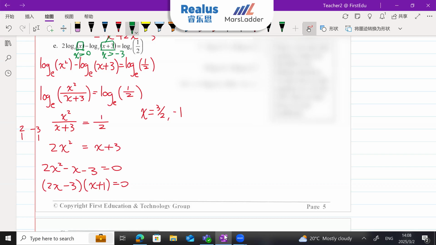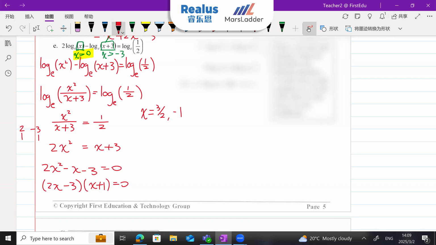Which one is more restricting? One says greater than negative 3, the other one says greater than 0. Greater than 0, right? If you just look at negative 3, then that's saying x can be negative 2. But that's actually not the case because we got a different component saying x has to be greater than 0. And that's important because this log function doesn't exist for the solutions of x that are before 0.